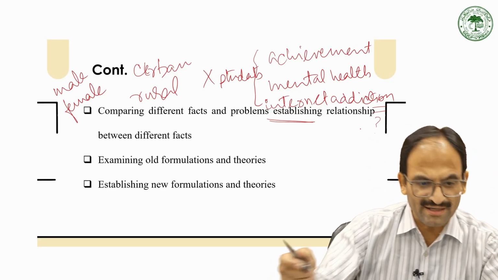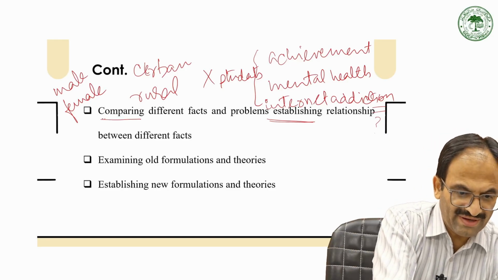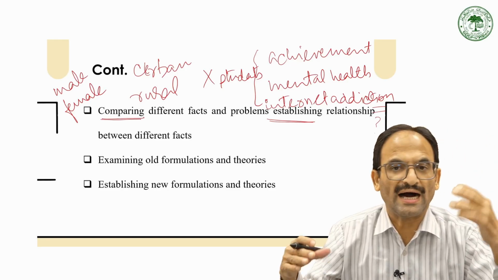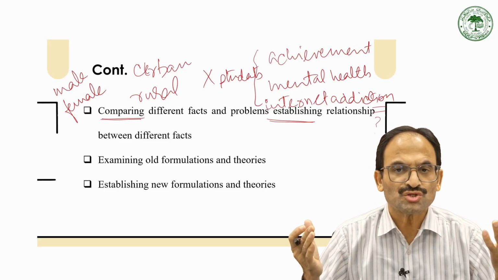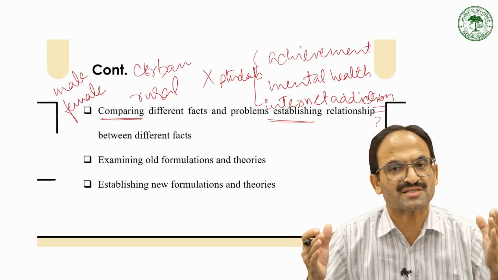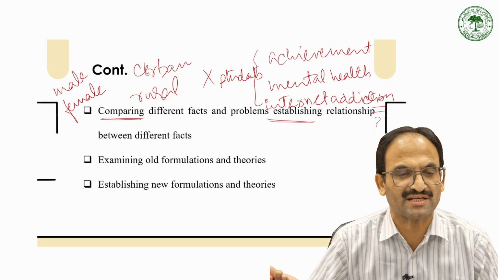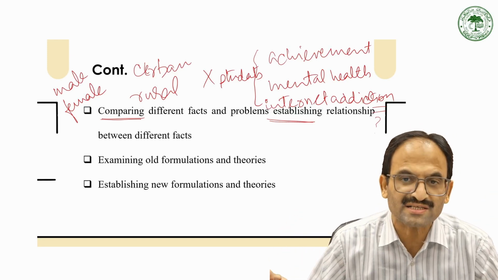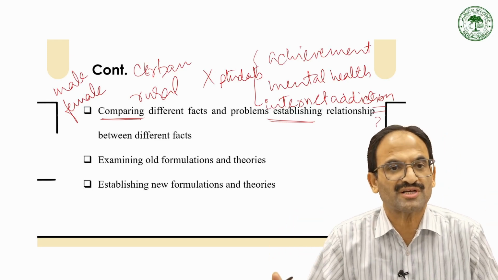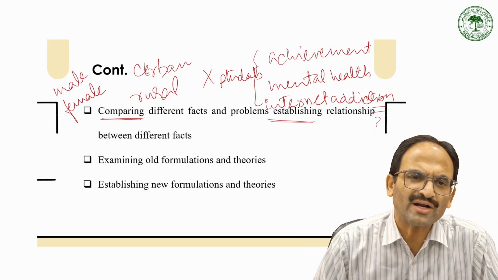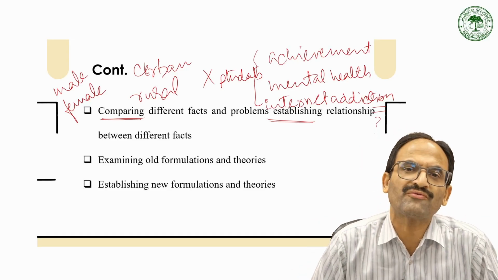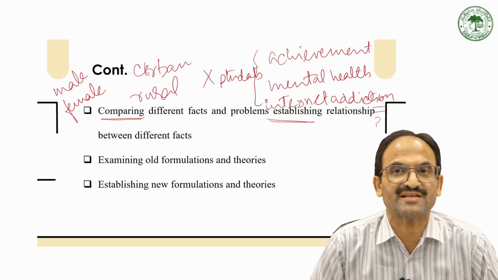So what I did, I compared various facts as well as I established relationship between various facts. Statistics serves this purpose very nicely so far as comparing is concerned and so far as establishing relationship is concerned. Then sometimes we are required to examine old formulations and theories.